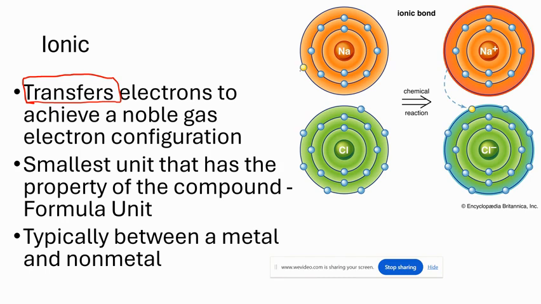For example, with this sodium, if I take this electron off, then I'm going to have a full octet of electrons here, and this will be stable. If chlorine takes one more electron in, then it'll have a full octet and it'll be stable. The smallest unit that has the property of the compound here is going to be the formula unit. And this typically takes place between a metal and a nonmetal.